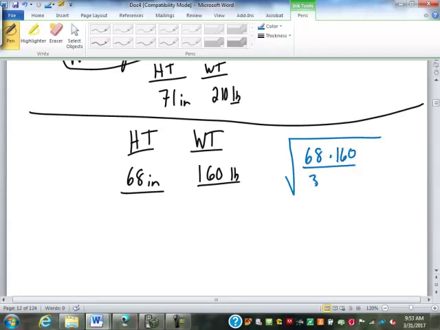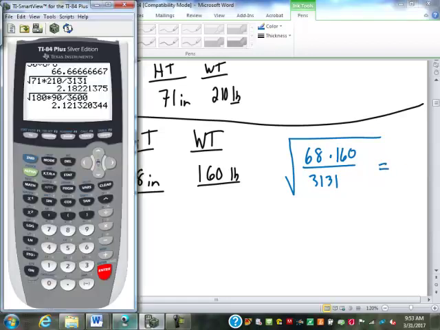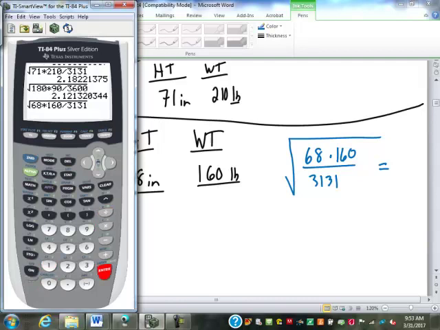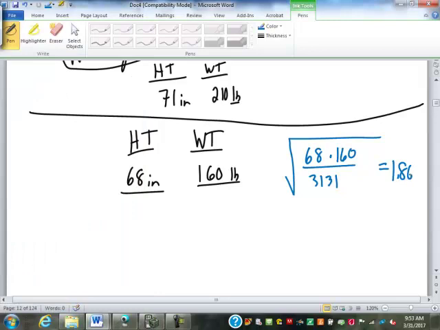Since it's standard units, it's 3,131. So we're getting 1.86 meters squared is that body surface area. So let's look at the nomogram, 68 and 160 here.